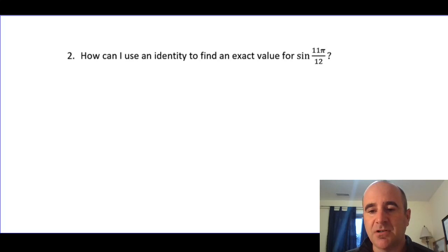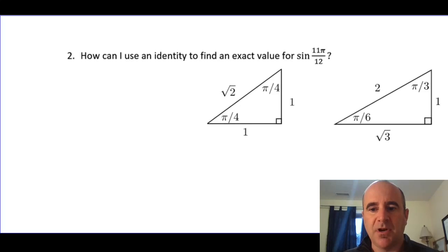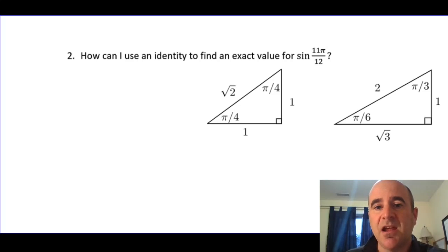Those angles are summarized in our special triangles. So we're able to figure out either sine, cosine, or tan for pi over 4 or 45 degrees, or pi over 6, which is of course 30 degrees, or pi over 3, which is 60 degrees. So what we're going to do is use the ratios that we know to figure out what the sine of 11 pi over 12 is.